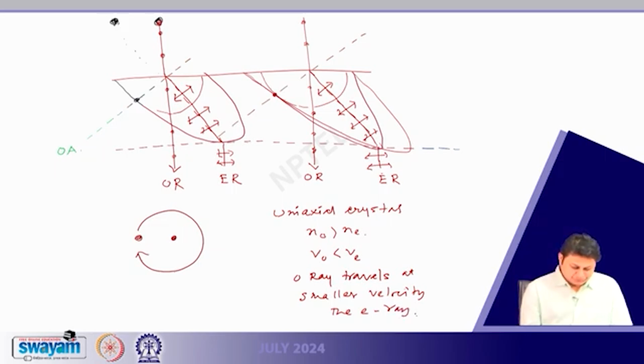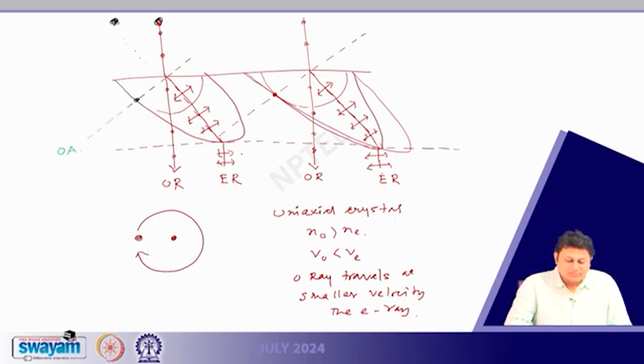This is called the velocity ellipsoid, which suggests that VO is represented by this sphere, and this ellipsoid is defined by VE, which is greater than VO except in the direction along the optic axis, where both travel at the same speed. So this is the phenomenon of double refraction.